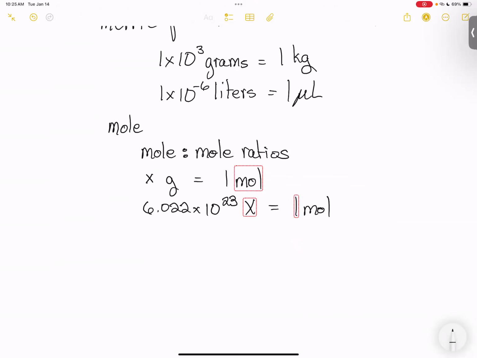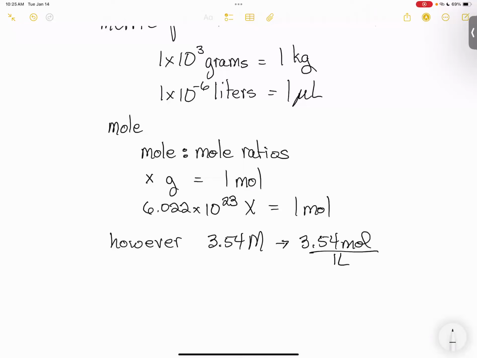However, 3.54 molar, which means 3.54 moles per 1 liter, this is not an exact number.